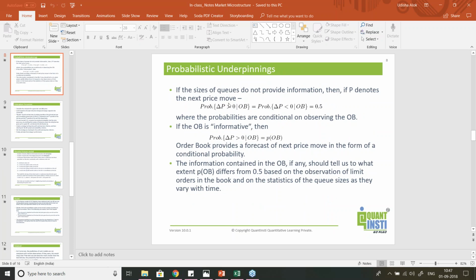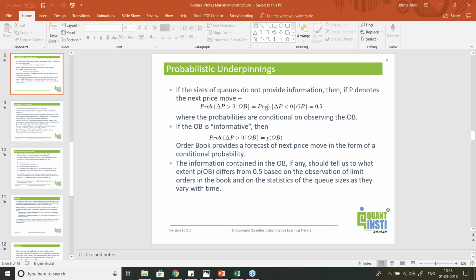This is basically the calculation of probability. Normally when your order book is not useful, you will get a probability of 50%, that is, you cannot make any prediction whether it is going to go up or down. If I say there is 60% probability of the market going up, then you can probably take long, right? But if I say it is 50%, can you take long? You can't.